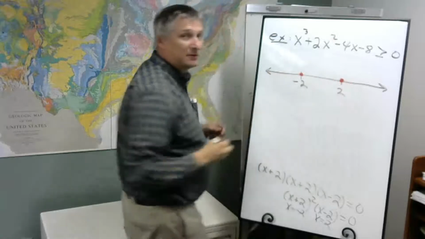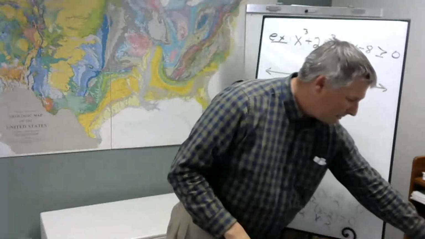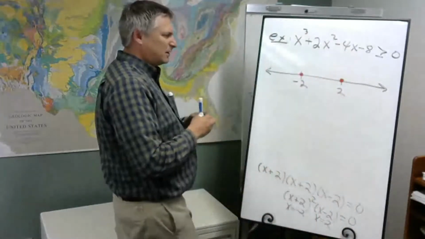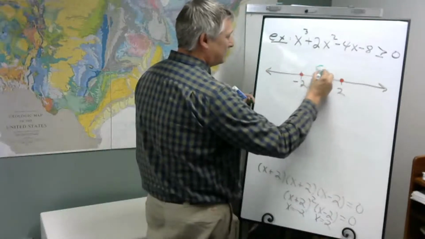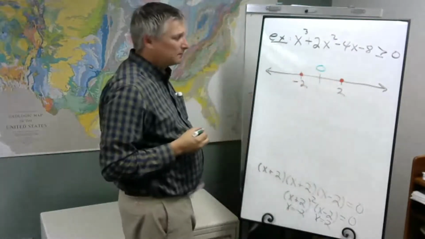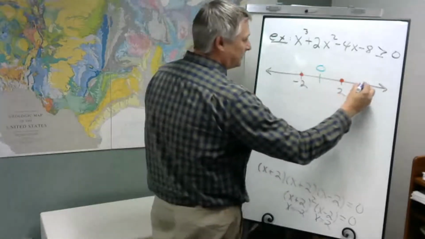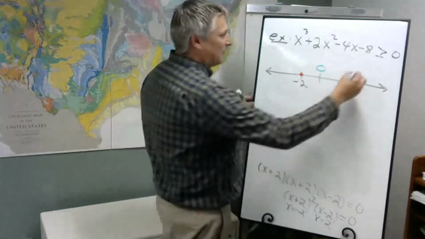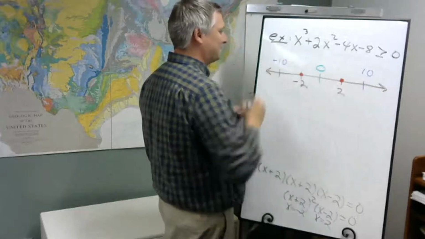This one's going to have a multiplicity of 1. Now again, we want to look for test points. So something between -2 and 2, again, I say go with something that's not hard to compute with. Go with 0. And then here, I'll use the blue pen for the far test points this time. Last time I used that green pen. I'll use 10 and -10.